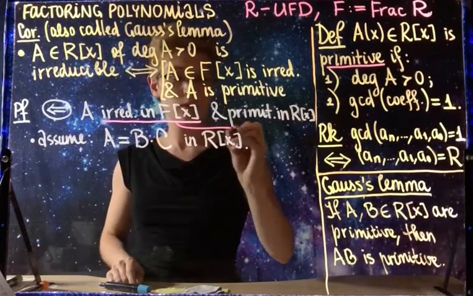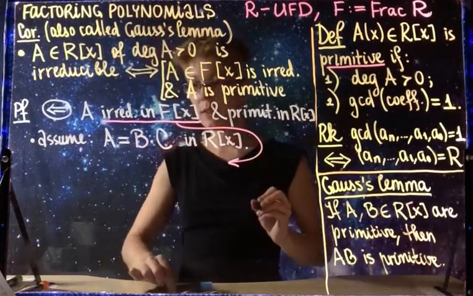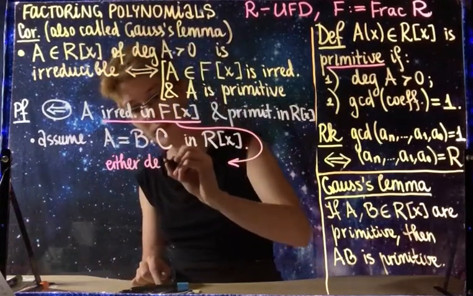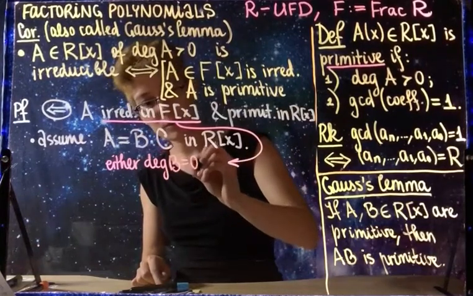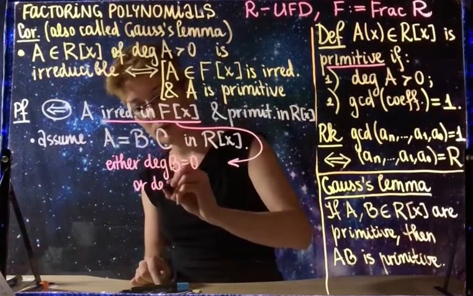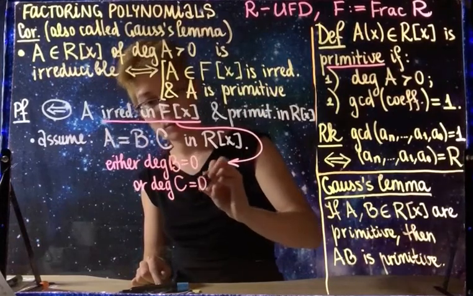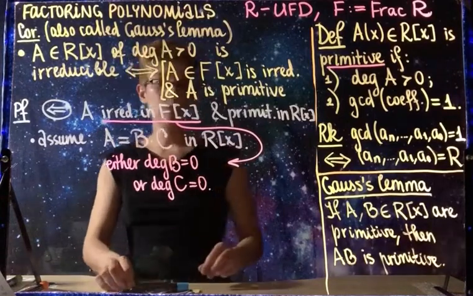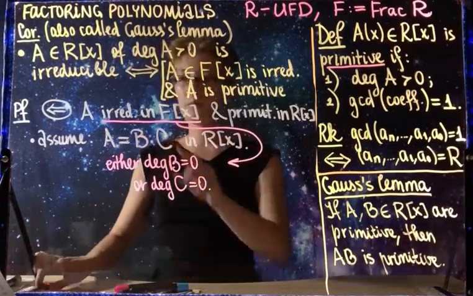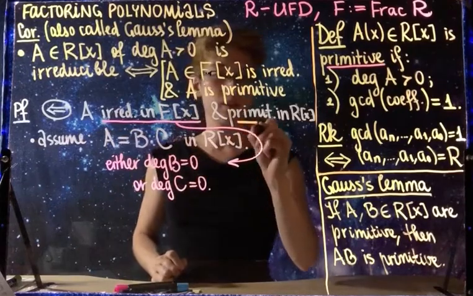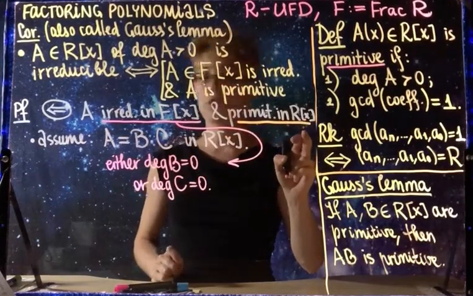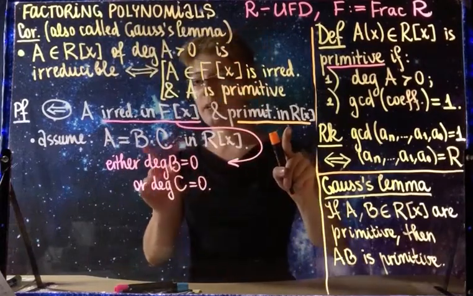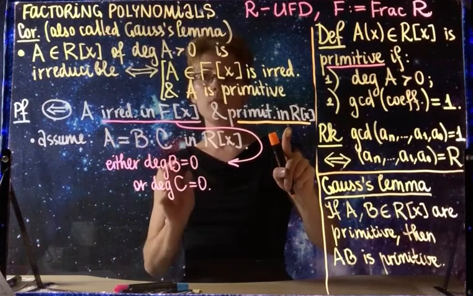So this means that either the degree of B is equal to 0 or the degree of C is equal to 0. But we also know that A is primitive in R adjoint x. And so this means that any constant that we factor out of A must be a unit.